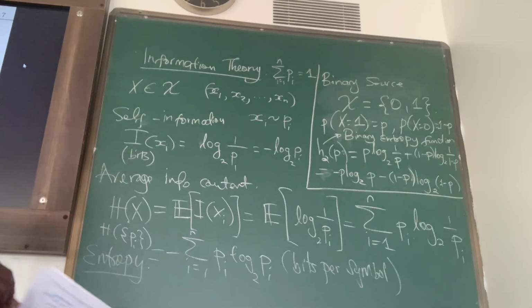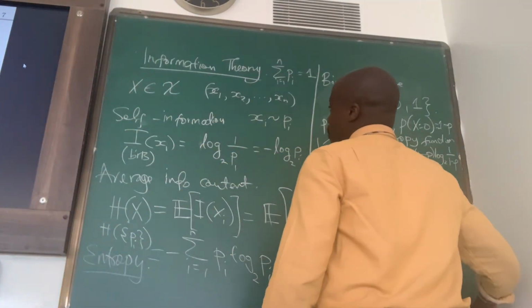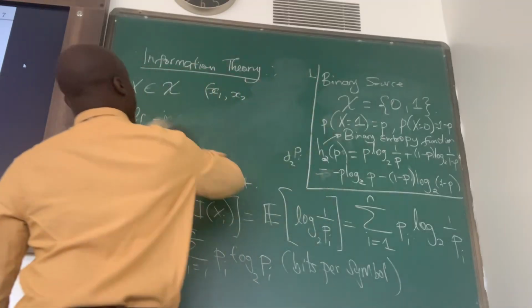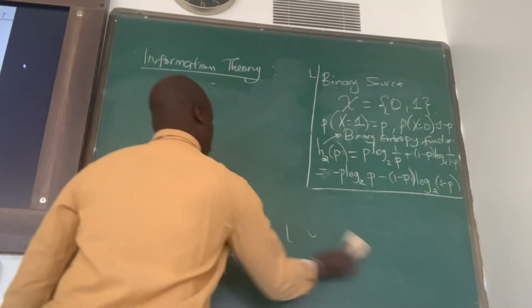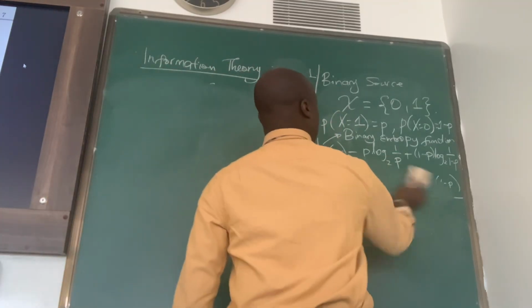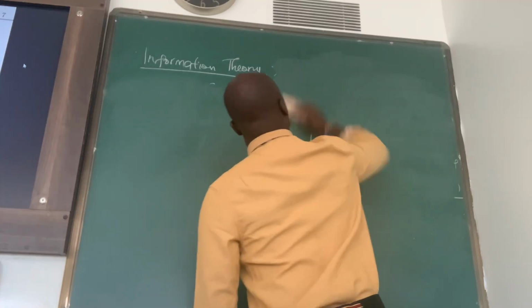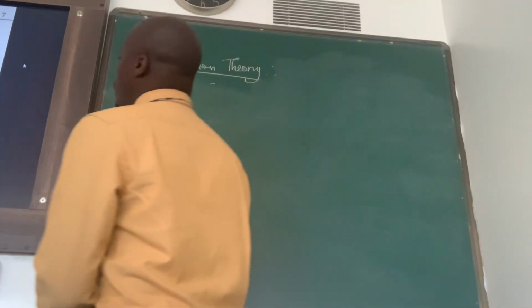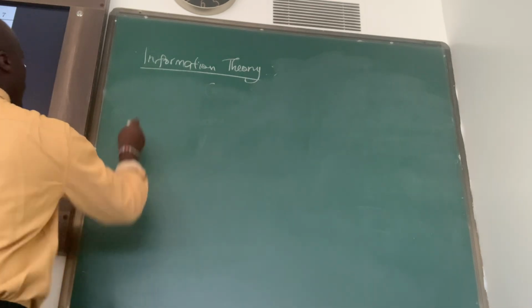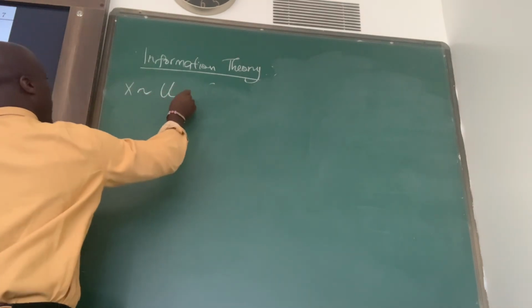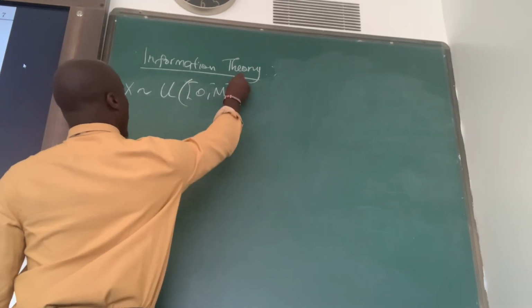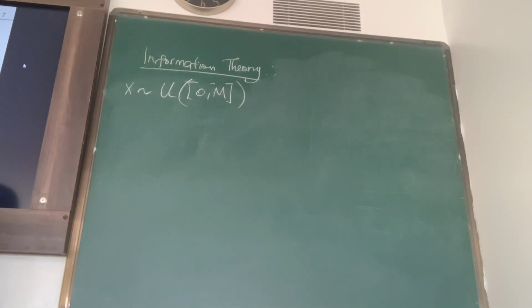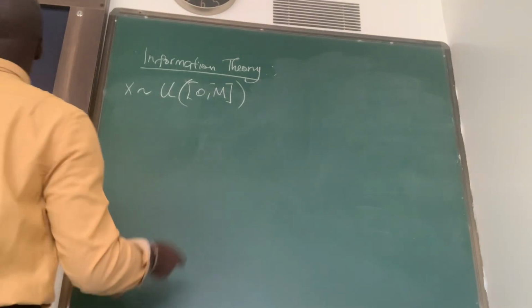Now, what happens when X is uniform? When P of X is uniform. So let's say X is distributed uniformly, where M is the number of alphabets within our system, the size of the alphabet.